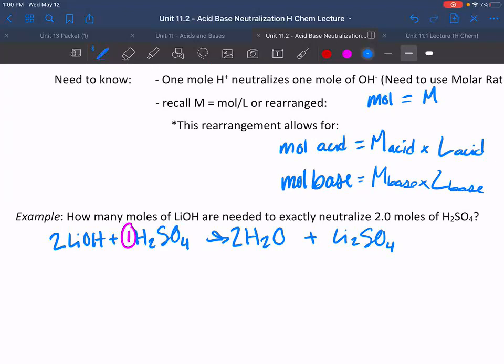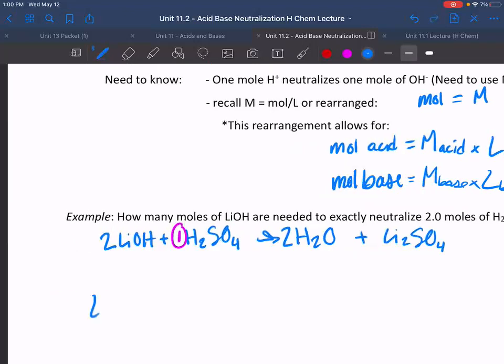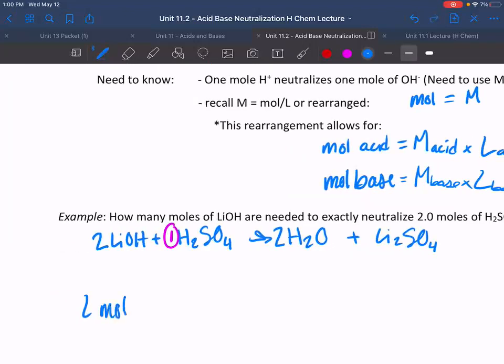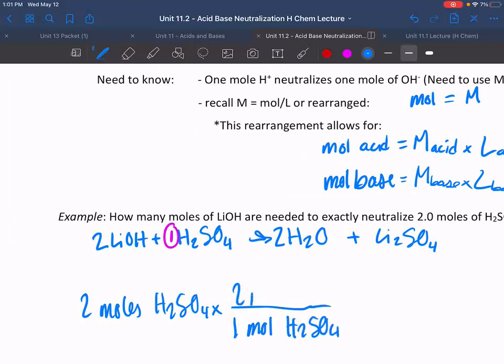So where this comes into play, if you have 2 moles of H2SO4 that we're trying to neutralize, if you were to use the molar ratio, for every 1 mole of H2SO4, you need 2 moles of lithium hydroxide.